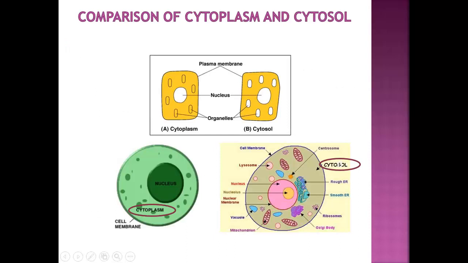Shown here at the top is a comparison of cytoplasm and cytosol. As you can see from this diagram, the cytoplasm includes everything inside the plasma membrane except the nucleus, whereas the cytosol encompasses all that is inside the plasma membrane except the nucleus and the organelles.